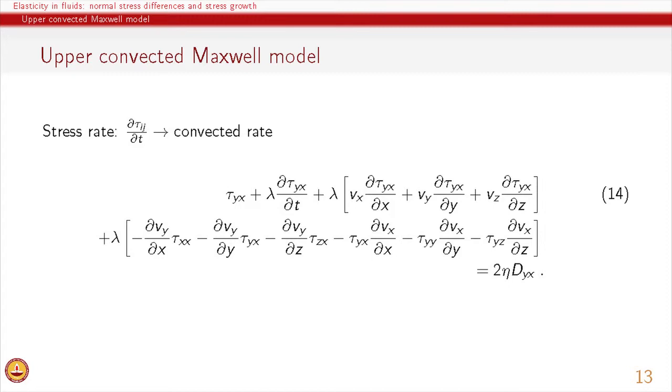These are in fact the convected terms, because for example, if the velocity gradient is 0, of course, naturally these terms will fall off. These are the convected terms which lead to the overall rate of convection in the material. In fact, what you can see is even if we have a situation where the partial derivative of stress with respect to time is 0, we can still have the convected rate non-zero.